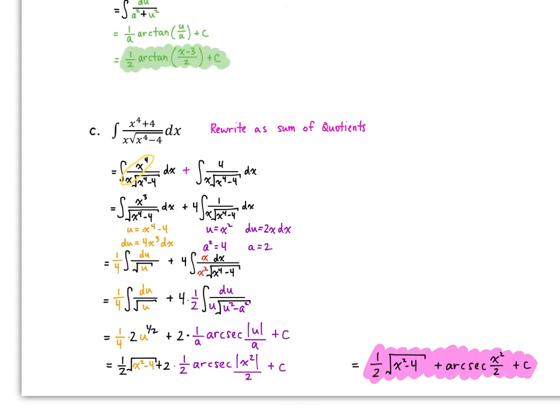So as we go through, if we let u be x squared, then du is 2x dx, all right? Or simply, we can pull that 1/2 out. A squared would be the 4, so a is 2.